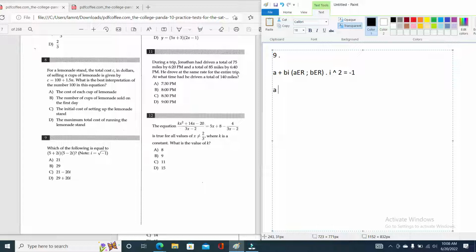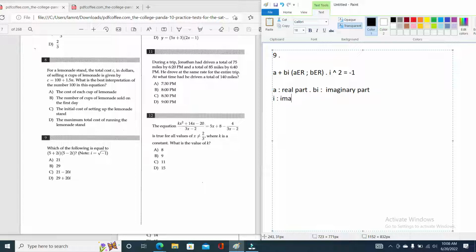A we're going to call the real part, and bi we're going to call the imaginary part, and i we're going to call the imaginary unit.